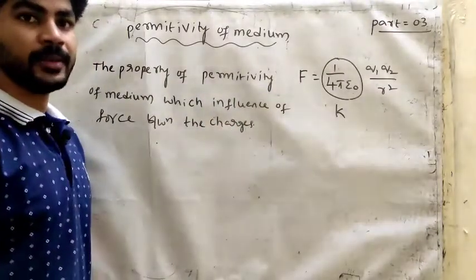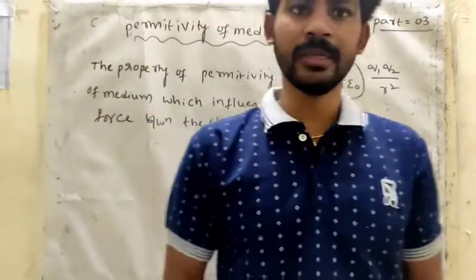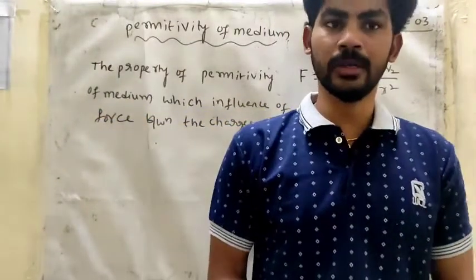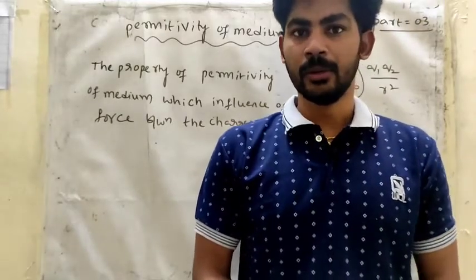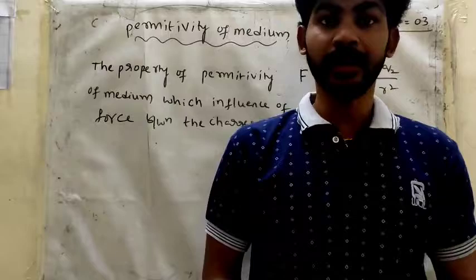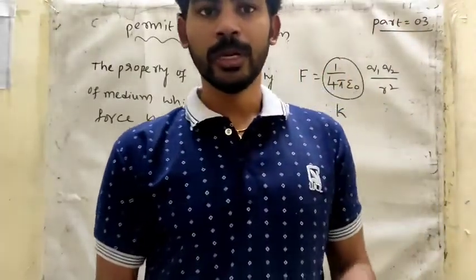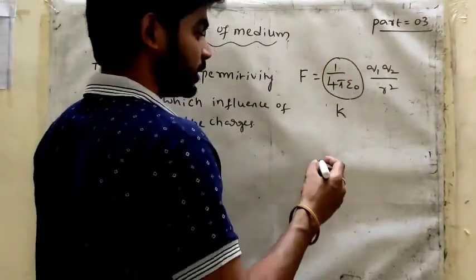That is the permittivity of medium. Permittivity of medium means, let us consider, you can take any one, glass or conducting materials, insulating materials. Insulating materials we simply call dielectric materials. You can place it in between the two charges.